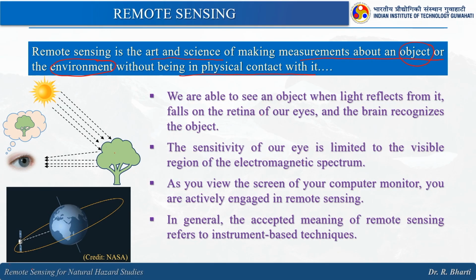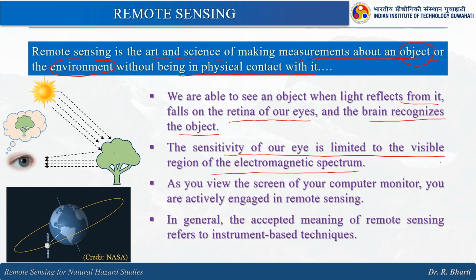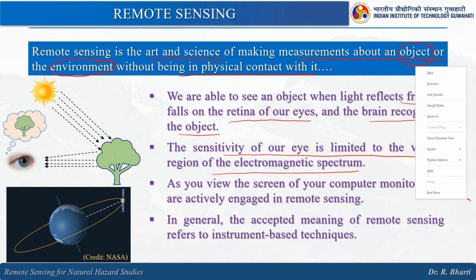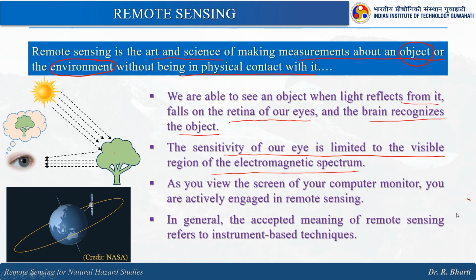So we are able to see an object when light reflects from it, falls on the retina of our eyes, and the brain recognizes the object. This is how objects are seen. The sensitivity of our eyes is limited to the visible region of the electromagnetic spectrum. The visible light is from 400 to 700 nanometers, right?